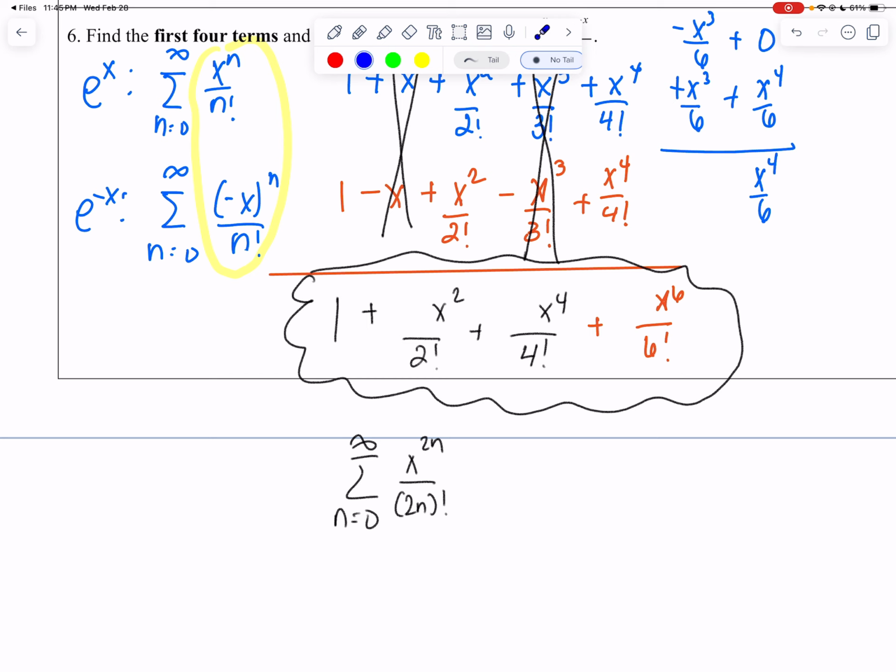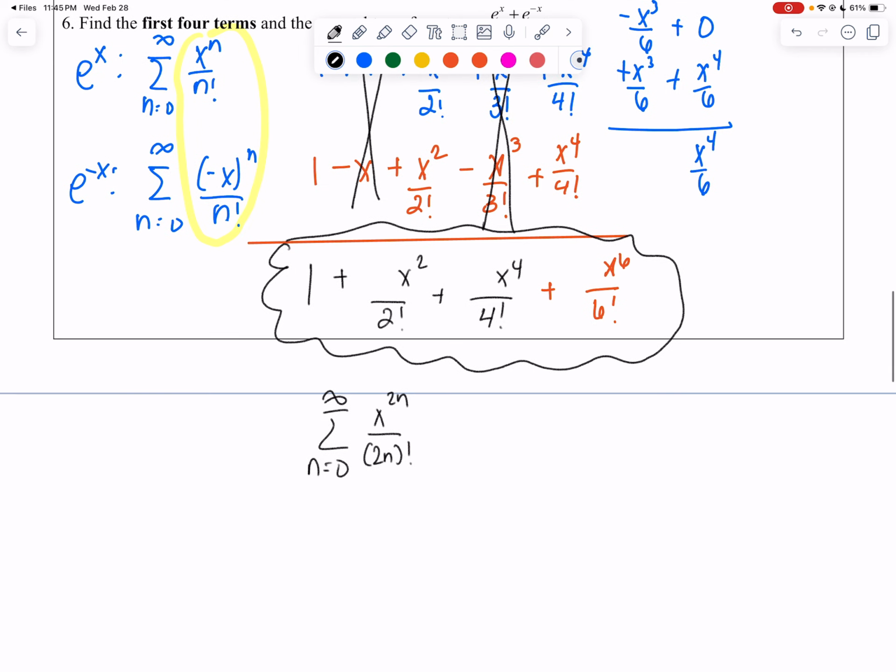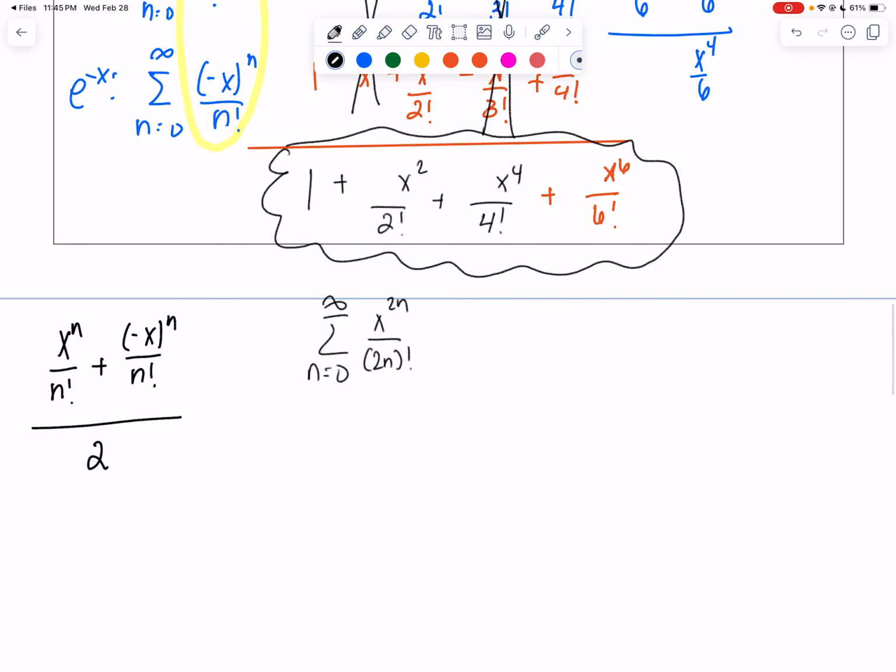Now, how can I find this in relation to what I have right here? So here, remember that this is going to be x to the n over n factorial plus negative x to the n over n factorial, and then all over 2. Because that's going to be the same thing as x to the n plus negative x to the n over 2 times n factorial.